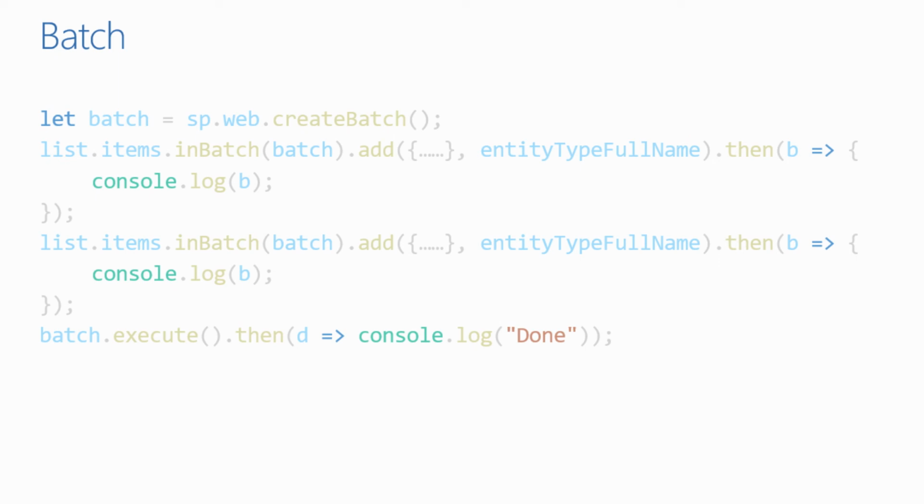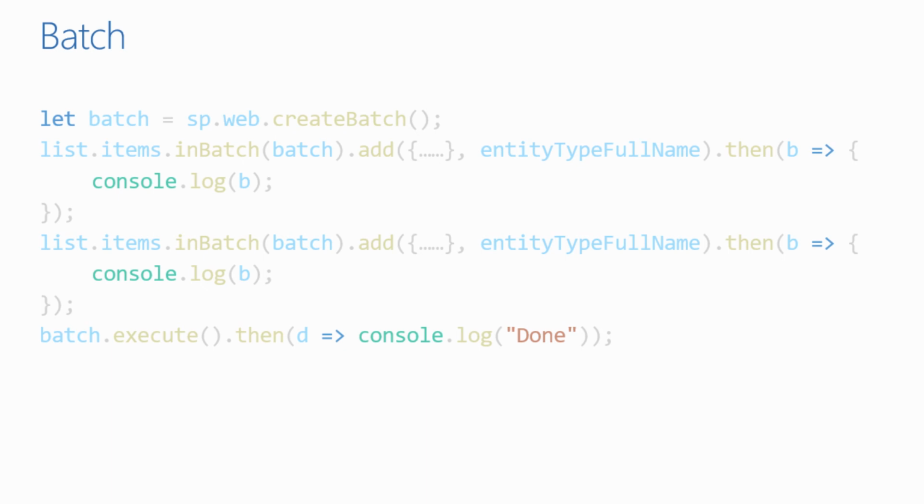And the batch request is simple as that. Of course, I took out a little bit of things around, like entity type full name from the list, which is another request you have to do first to get that information, and you need to pass it, which was happening before that. But basically, you declare the batch, and then you include the batch on your request, and that's it.